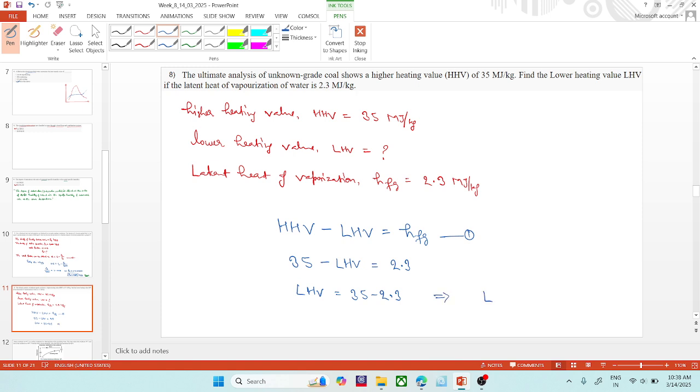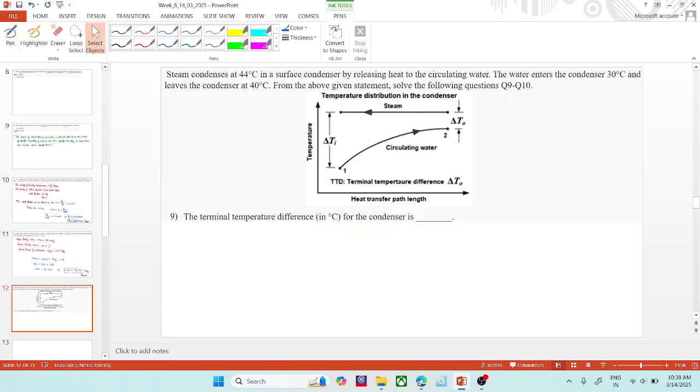This would give lower heating value equal to 32.7 megajoule per kg. This is an easy problem. We just have to remember that the difference of higher heating value and lower heating value is the latent heat of vaporization of the water. Then moving down to the next problem.